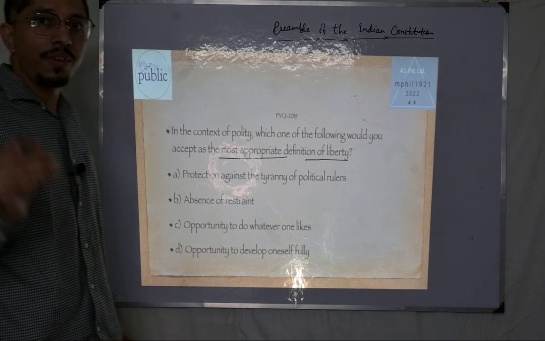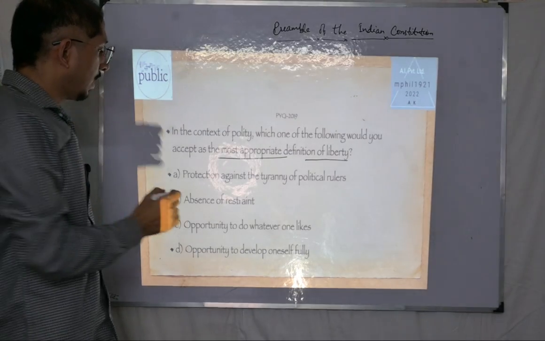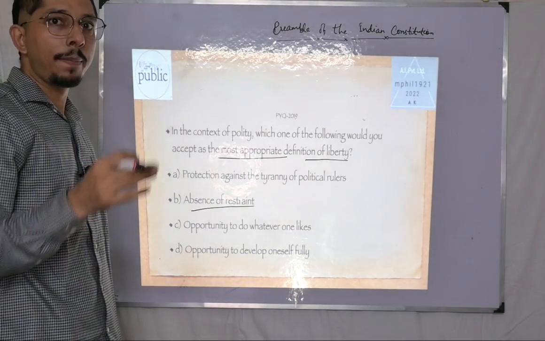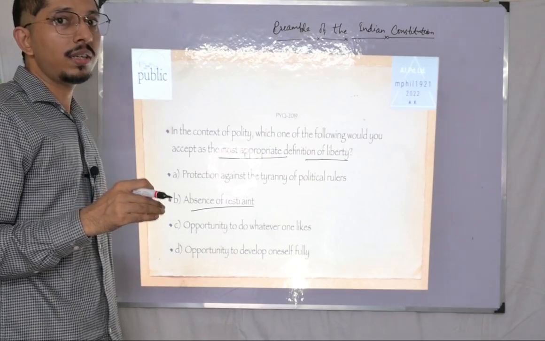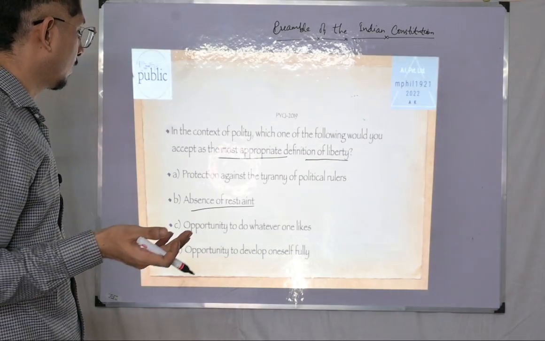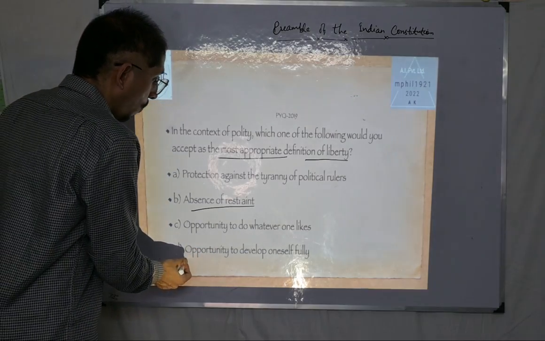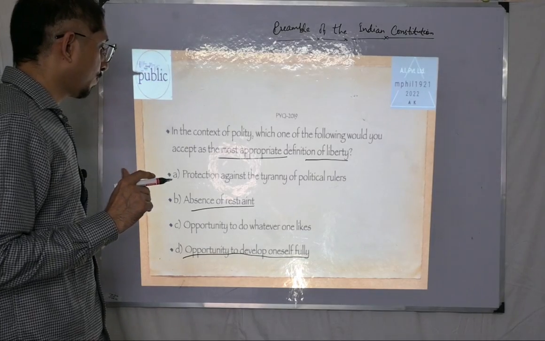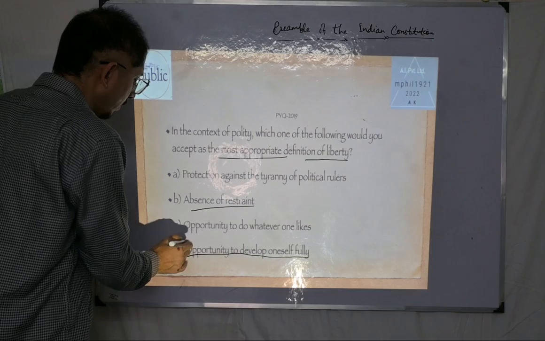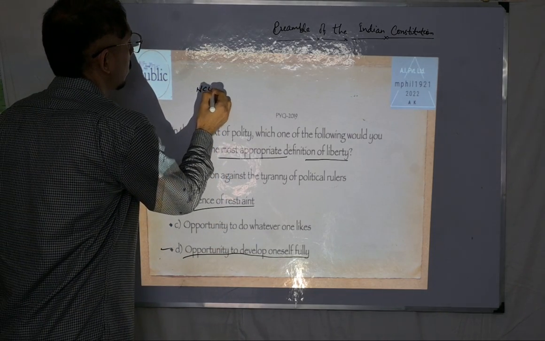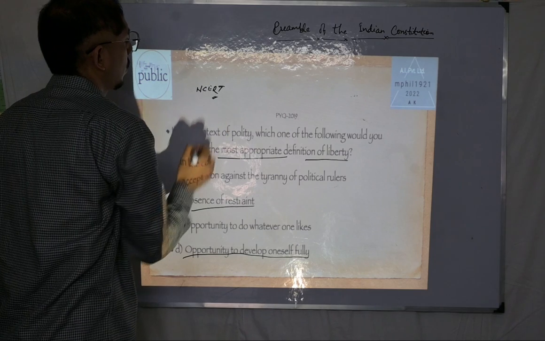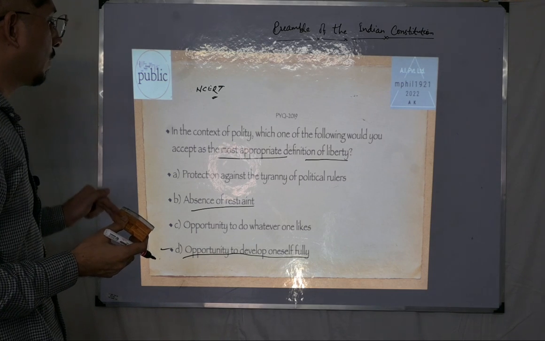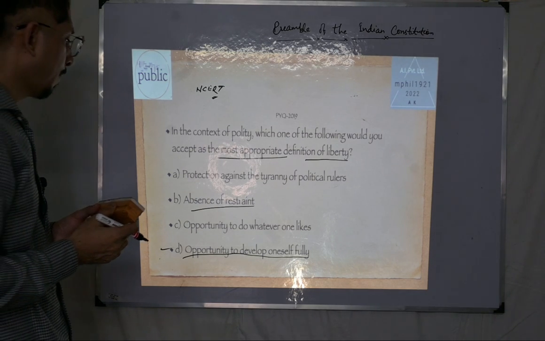When we study Article 19, we see that liberty is not the complete absence of restraint. We have been given the freedom of expression, but there are certain restraints and conditions. So the right answer given is the opportunity to develop oneself fully. If you read the NCERT book, class 11th, you can interpret it that way.